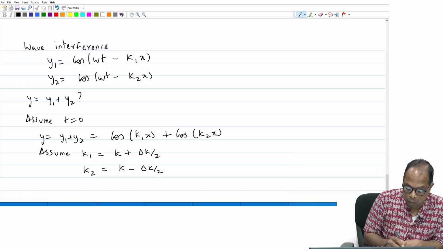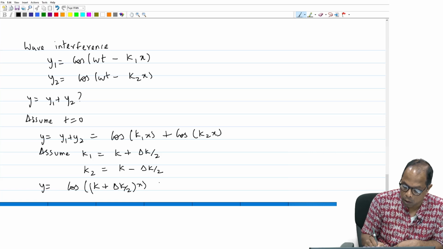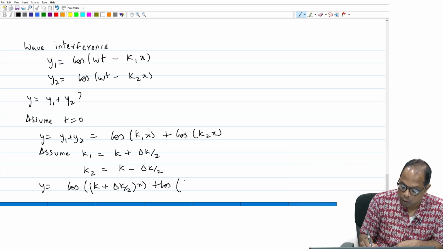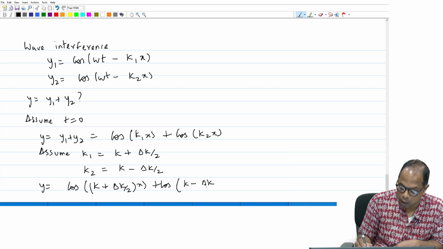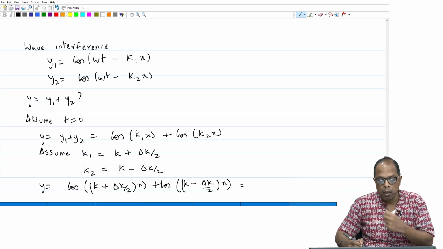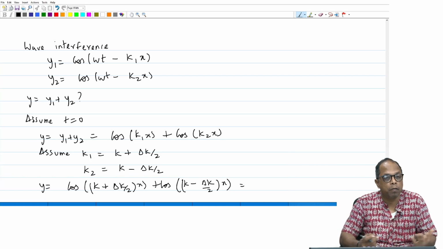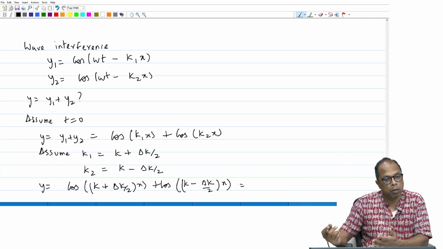Right. So y equals cos of (k plus delta k)/2 times x plus cos of (k minus delta k)/2 times x, right? So what do we have now? You have cos of a plus b is cos a cos b minus sin a sin b, right?